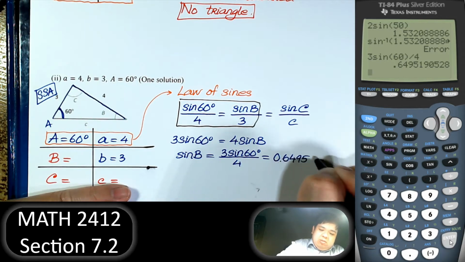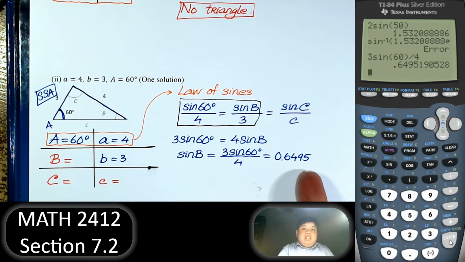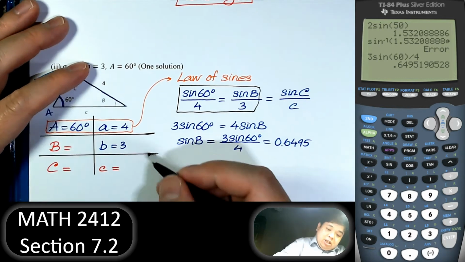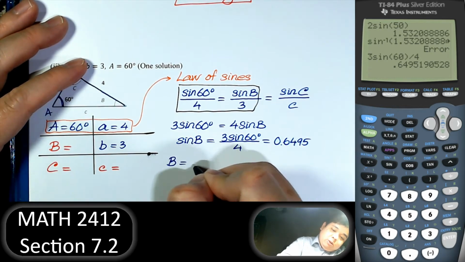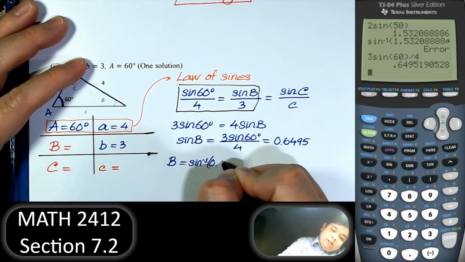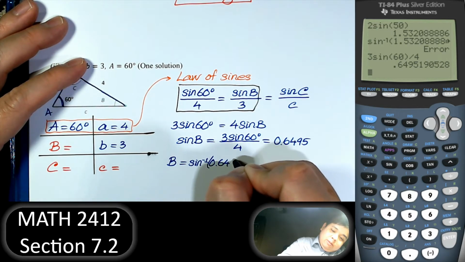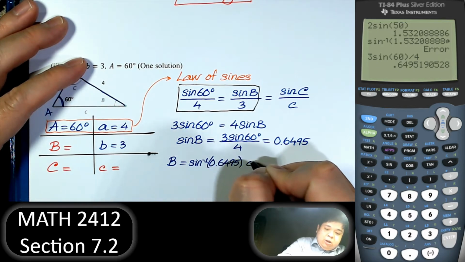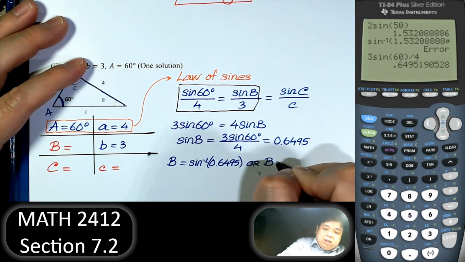6.495. Even though we write just a few decimal places, in the calculation I always use the whole number. Right. So once again, to get back to the angle, there will be the sine inverse or the supplement to that. So B equals sine inverse of this. Or we might have the supplement.